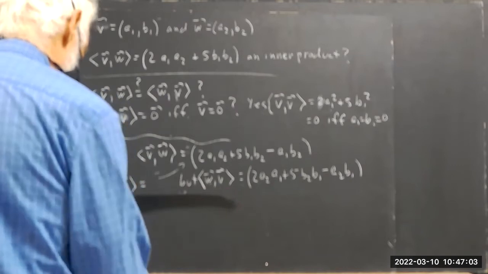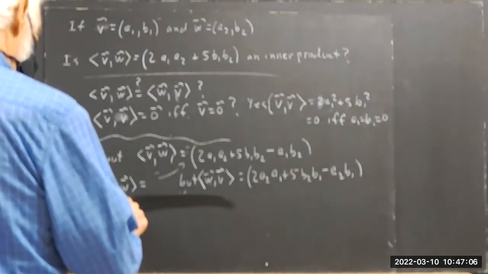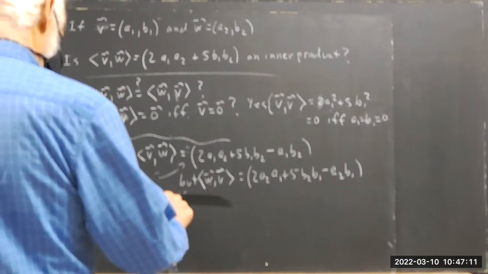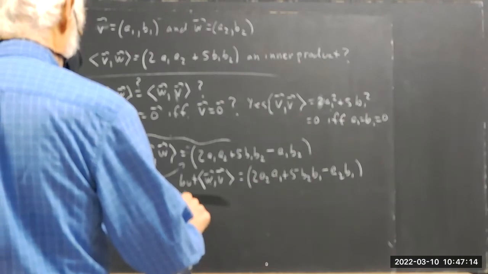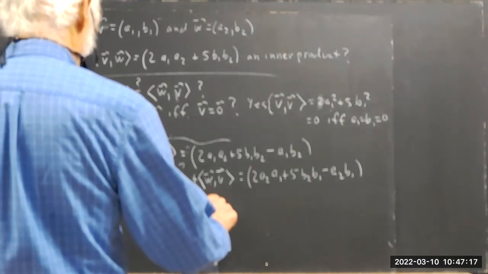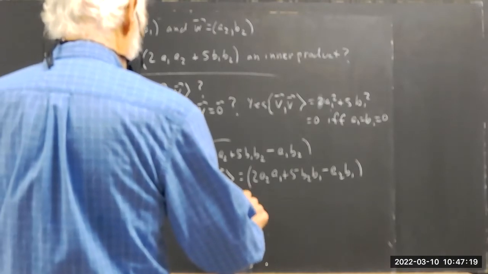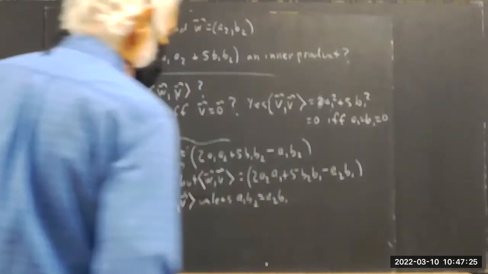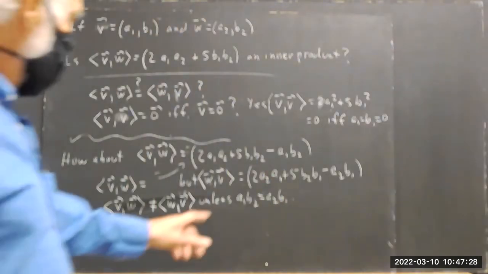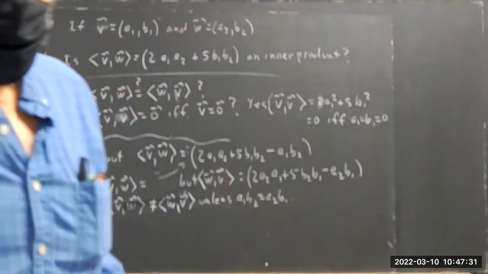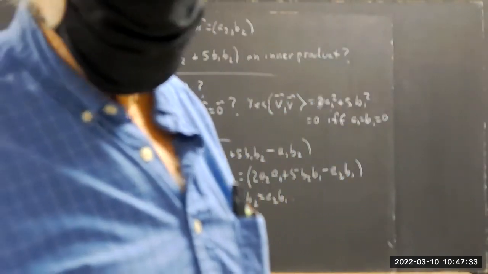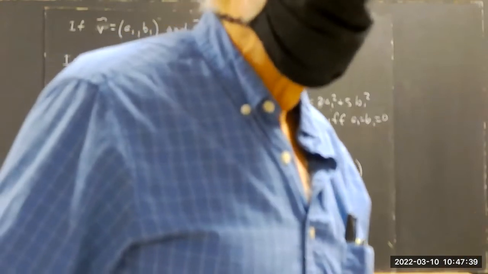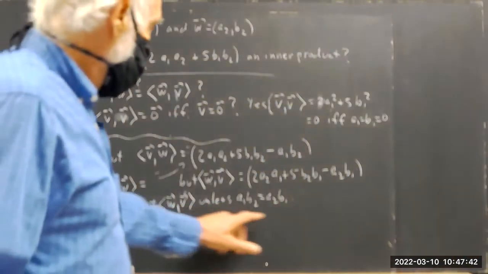Okay. Not so, unless this is so, and then to really complete the proof, you have to come up with an example of A1, A2, B1, B2 such that this isn't equal.